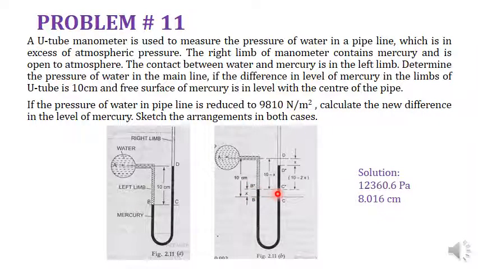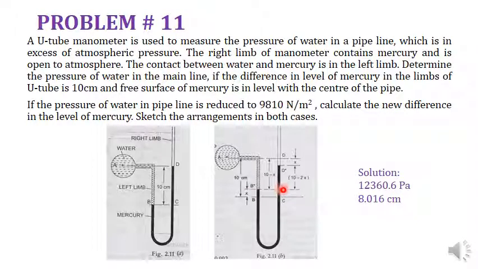This same x distance will be from C to C dash, and D has come down in the right side limb of the manometer equal to x distance. So x from the top and x from the bottom on the right hand side, the difference between the new levels of C dash and D dash will be 10 minus 2x. So this 10 minus 2x is the new difference between the mercury levels on the right and left hand side.